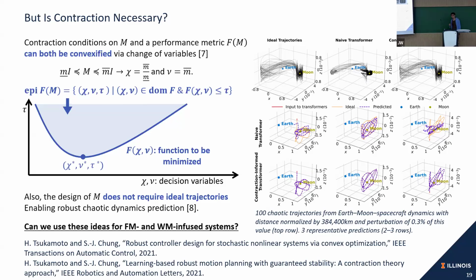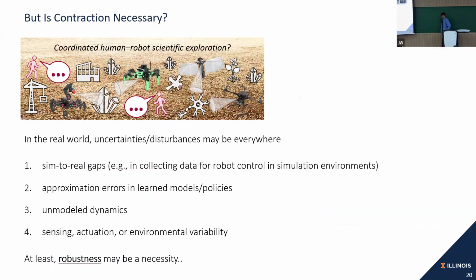The reason is that in training, it learns to be robust against these disturbances. So this is the intuitive experimental result of why we care about contraction, or at least robustness.